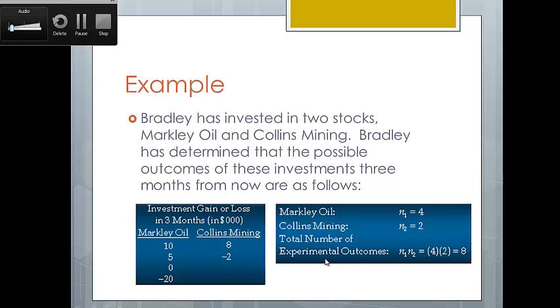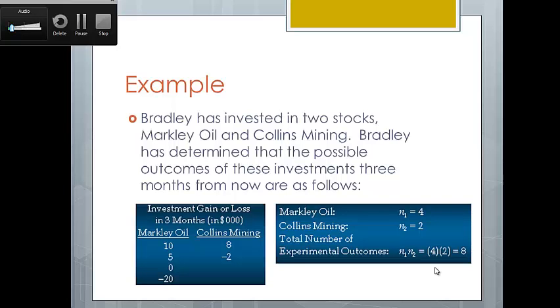So the total number of experimental outcomes is the number of events times the number of outcomes of each event. So 4 times 2 is going to be 8. So there are 8 potential experimental outcomes that we will see here, as we saw in the counting rules for multi-step experiments.